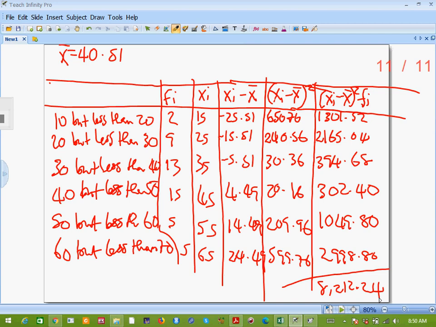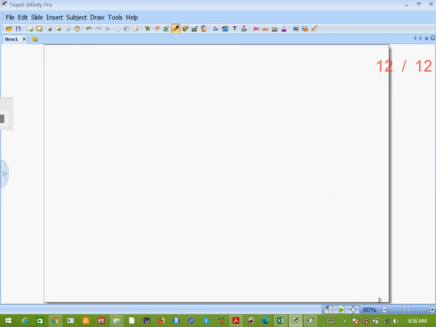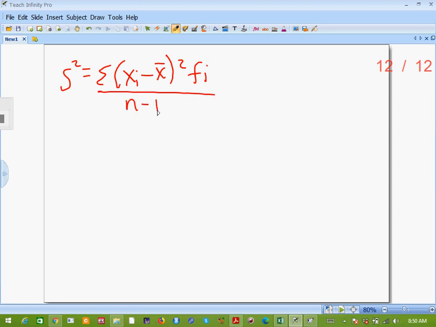So now we can replace in the formula. Our variance is just the sum of xi minus x bar squared multiplied by the frequency, over n minus 1.